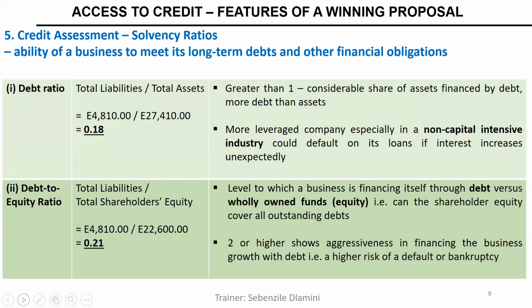The third set of ratios, which are called solvency ratios, measures the ability of a business to meet its long-term debts and other financial obligations. The first ratio that we will talk about is the debt ratio. You get this by dividing total liabilities by total assets. The ratio in this case is 0.18.